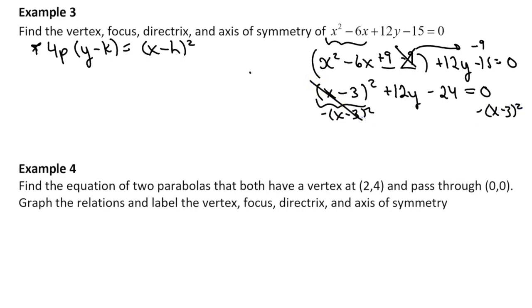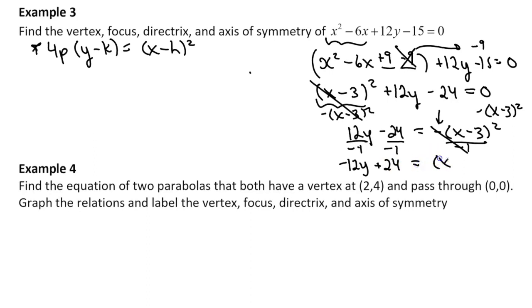So if we did that, we could say we have 12y minus 24 equals negative x minus 3 squared. And probably we want to get rid of that negative, so let's actually divide everything by negative 1 as well. And if we do that, we could say now we have negative 12y plus 24 equals x minus 3 squared. And we're almost done.